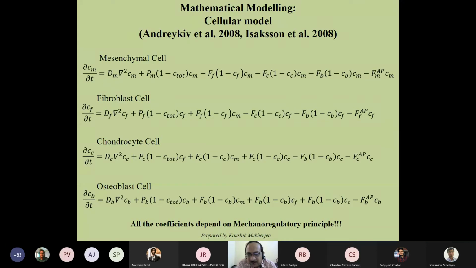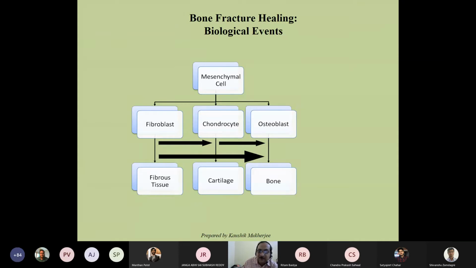So how each differentiates, based on the biological events that we have discussed earlier. So biological events of mesenchymal cells getting differentiated into fibroblast, chondrocyte, and osteoblast.